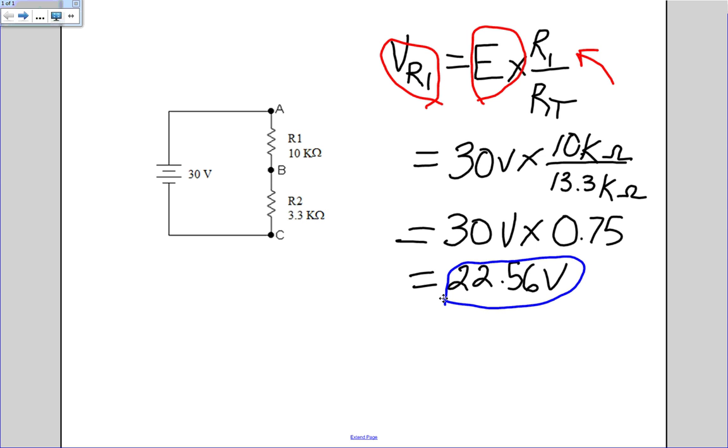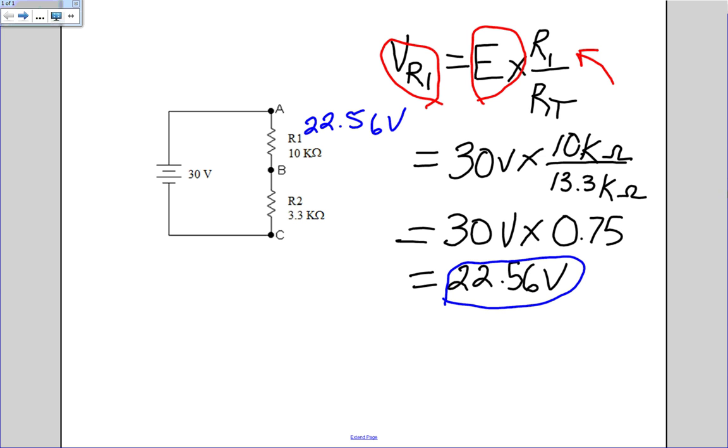If it does, and in this case, yes it does, we know that we've done this correctly. So we can now say over here that our volt drop across R1 is going to be 22.56 volts.